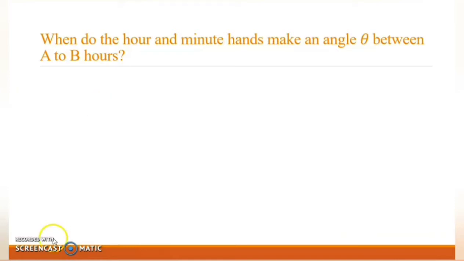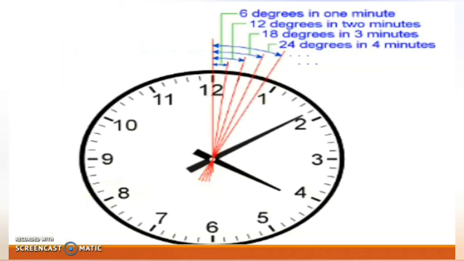Now if you look at the clock as shown here, suppose I want to find what is the time when the two hands, the hour and the minute hands, make an angle 90 degrees. Now 90 degrees, that is, the two hands are perpendicular. Now suppose the clock shows the time 3 o'clock.